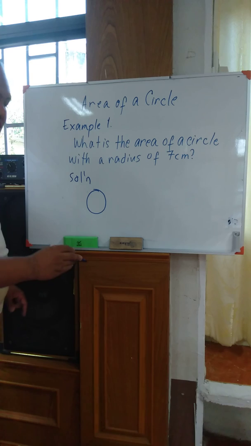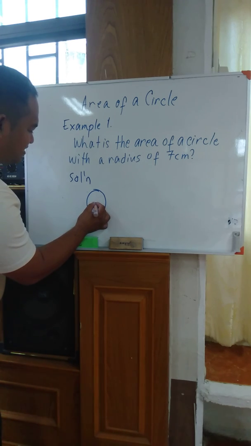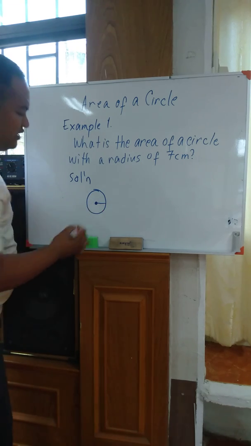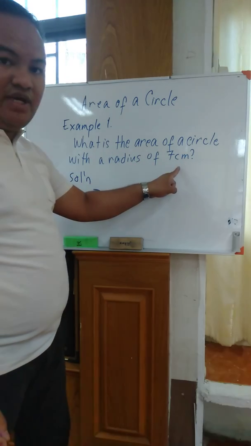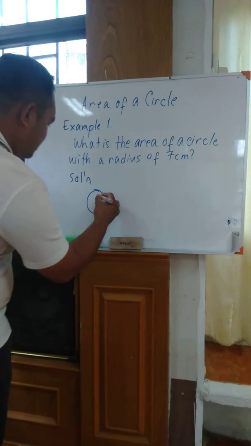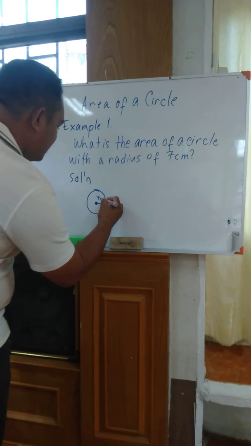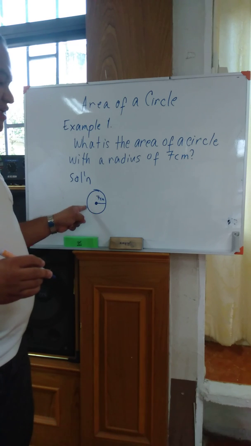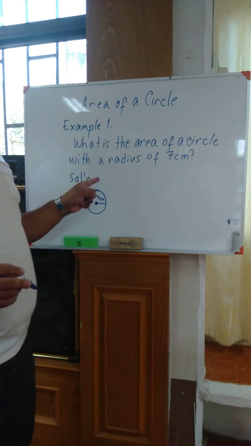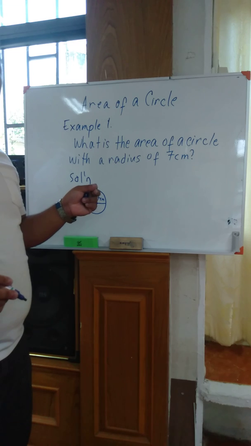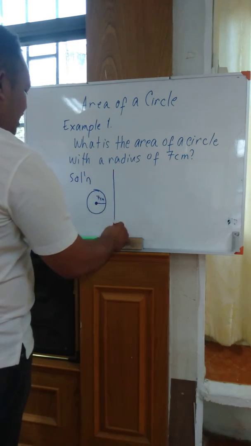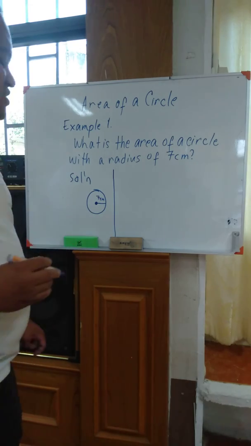And then a while ago, I said it has a point of intersection, which is the center. So we could have the line there because it is said to have a radius of 7 centimeters. So, meaning 7 centimeters. Now, based on the illustration, you can recall the formula on how to get the area of a circle. So, how are you going to solve this?